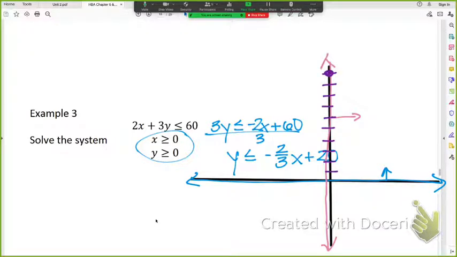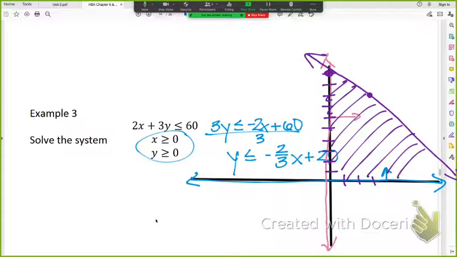And you would do a slope of down 2 over 3. So something like this-ish. And this one is less than, which means shade below. All right, so what's the shaded area for this? The triangle part in here, yeah? So that is your solution area for that.